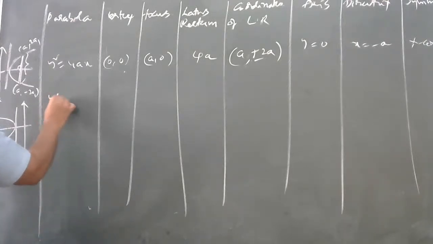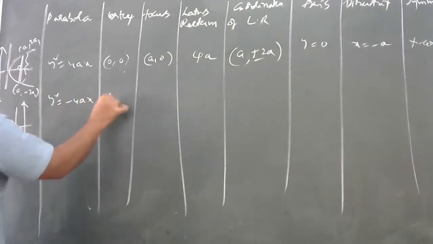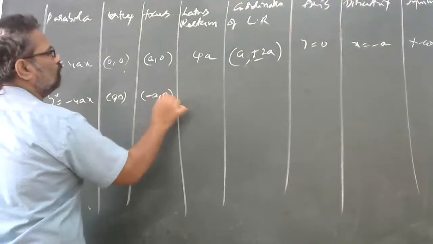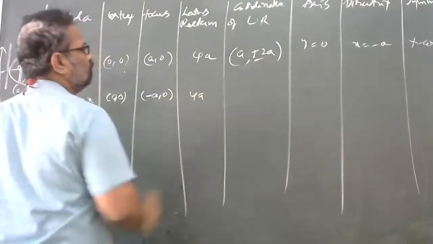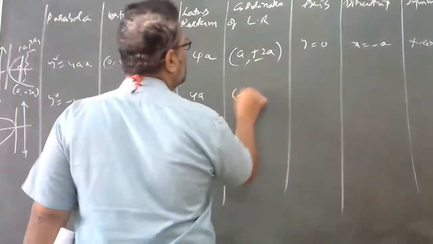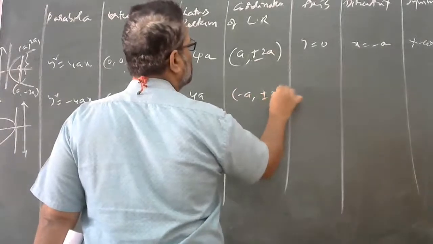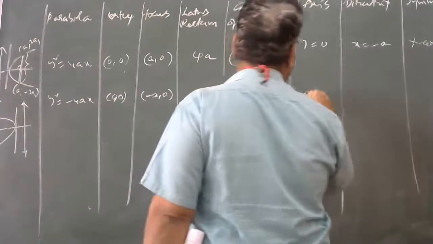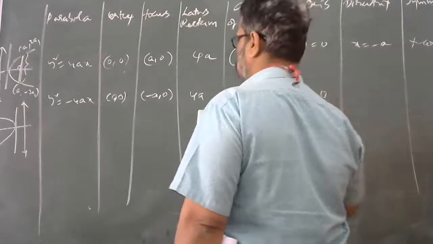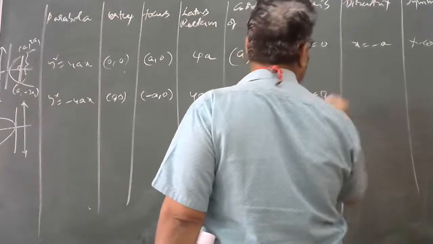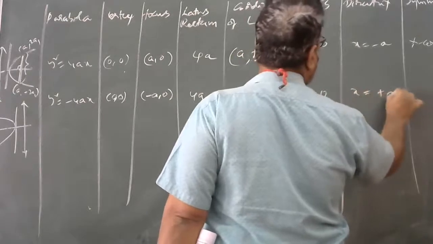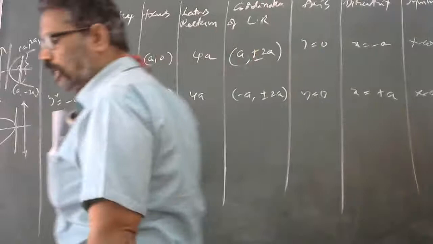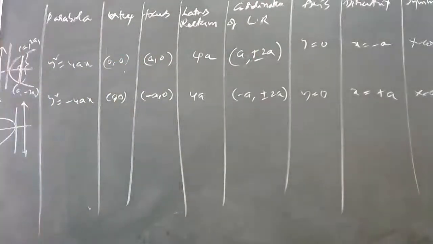Now it comes y square equals minus 4ax. Vertex is 0, 0 only. Focus is (minus a, 0). Latus rectum is 4a, and the coordinates are (minus a, plus or minus 2a). Axis is y equals 0, directrix is x equals plus a, and symmetry is about the x-axis. Are you clear now?